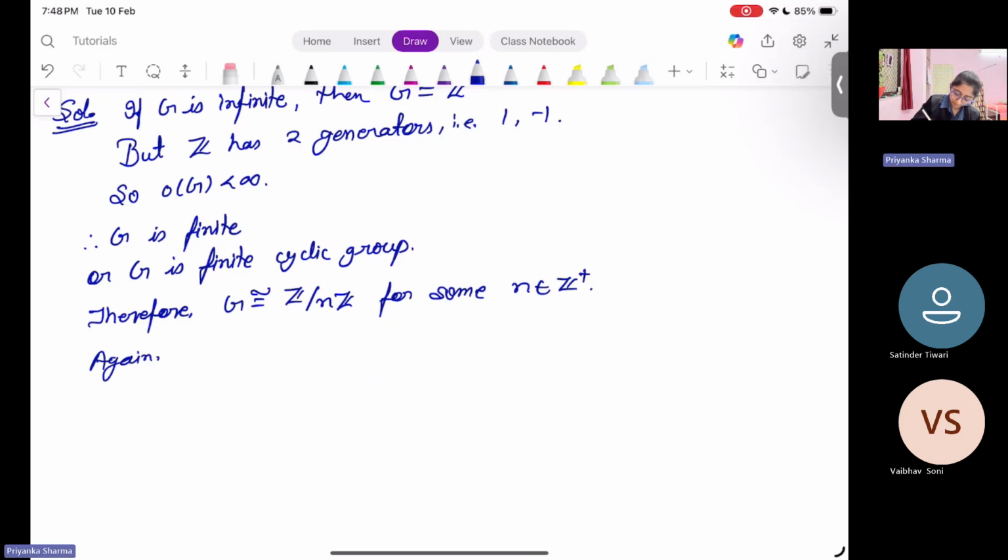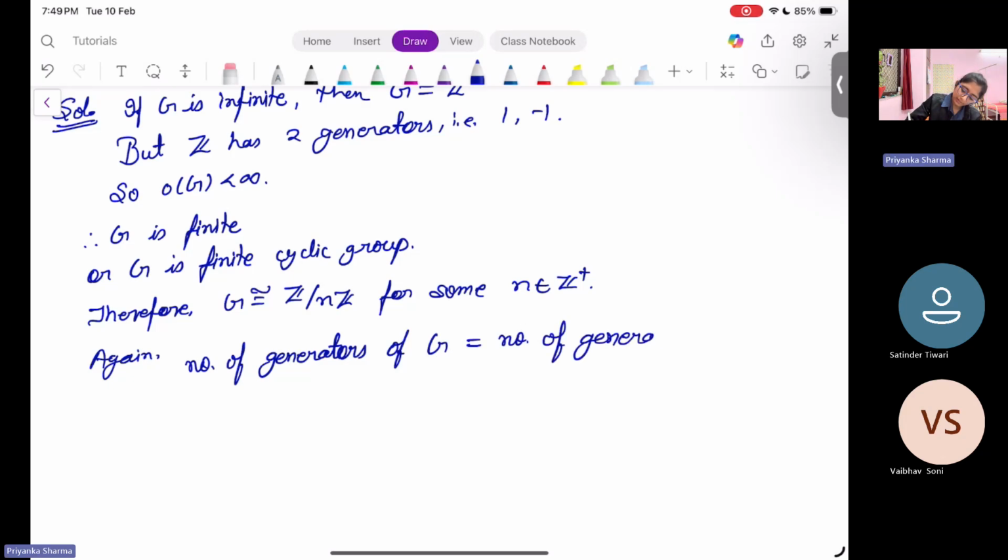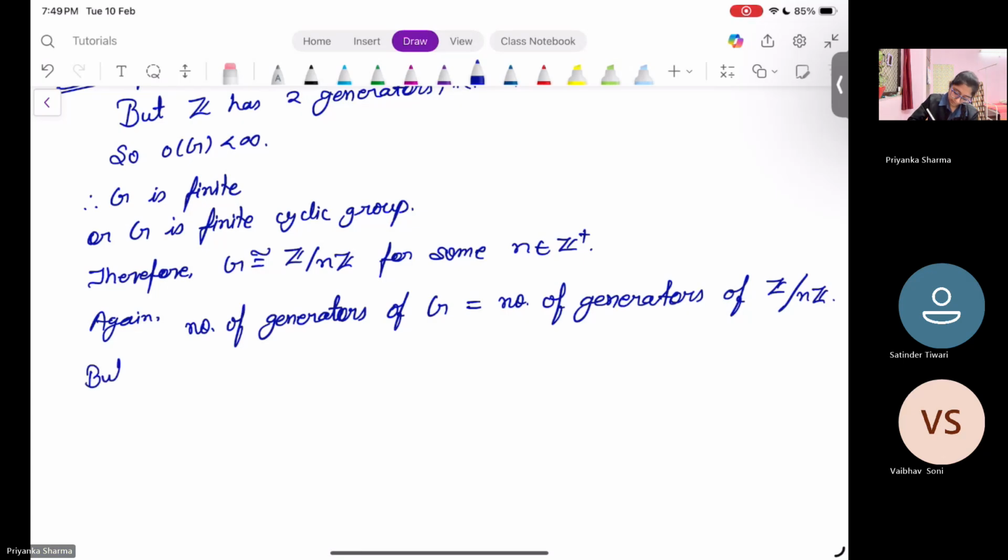Again, we have the number of generators in G. If G and Z over nZ are isomorphic, they will have the same number of generators. The number of generators of G is the same as the number of generators of Z over nZ. But the number of generators of G is 1, and the number of generators in Z over nZ is phi of n.